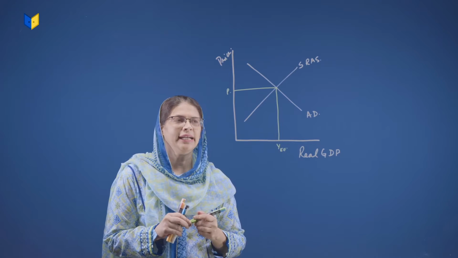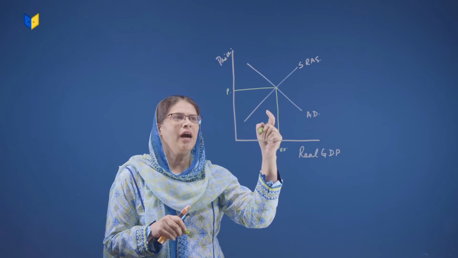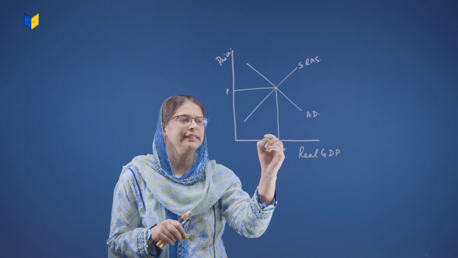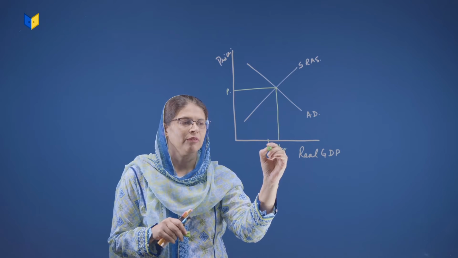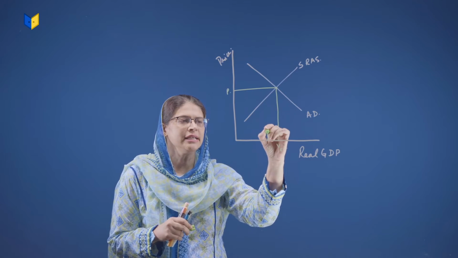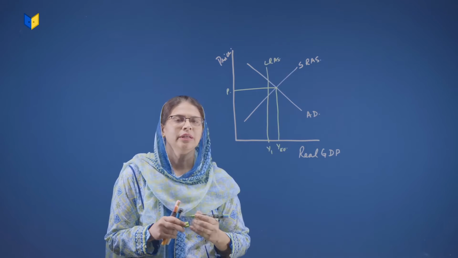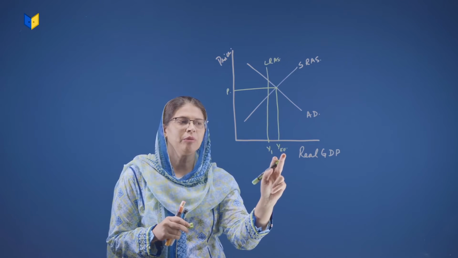Now if they are actually producing at this level, Y1, which is lesser than the long run aggregate supply curve, which is lesser than your potential.